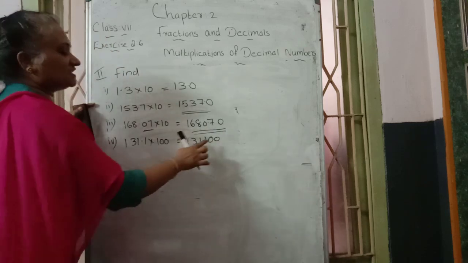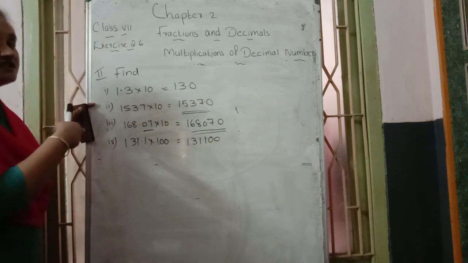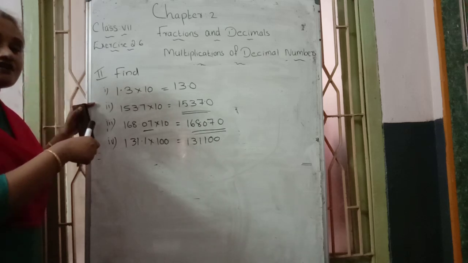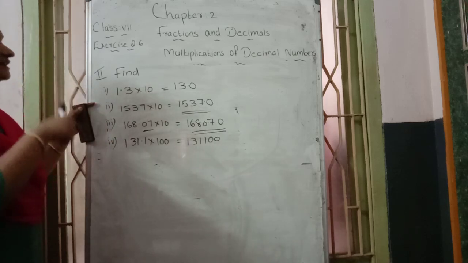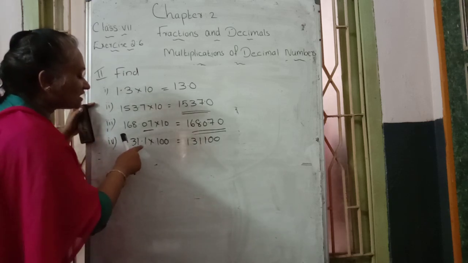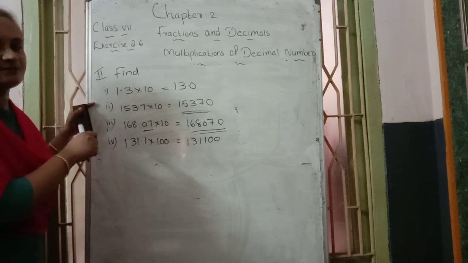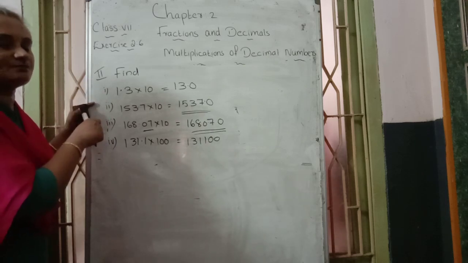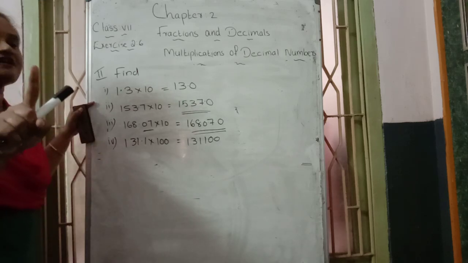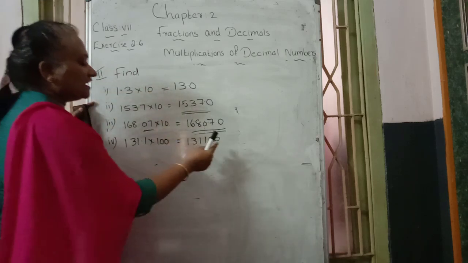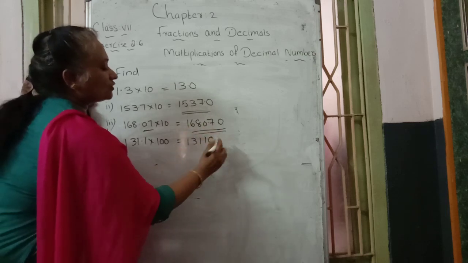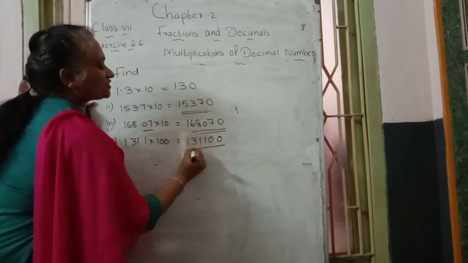So the answer is this much. But our question is in decimal numbers, that's why we want to keep a decimal point. How to keep a decimal point? Easy way, as I said. In the multiplicand place we are checking, after the decimal point how many digits? 1 place only. That's why in the answer place from right to left count 1 place and put a decimal point. So the answer becomes how much?